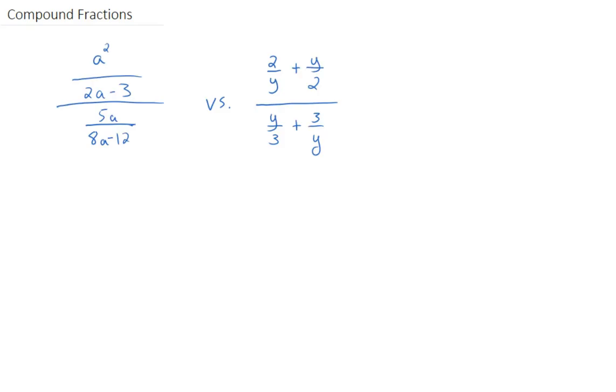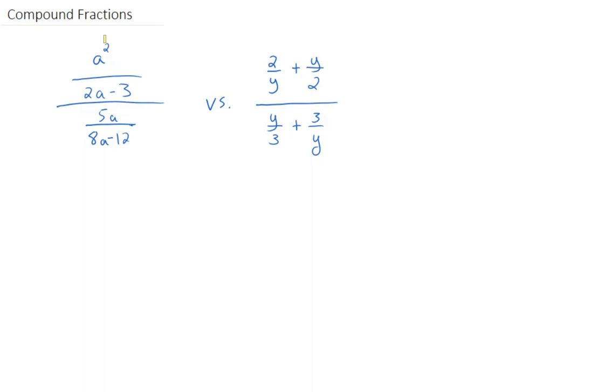Now, before we dive into actually simplifying compound fractions, I want to contrast a couple different configurations that we will see when working with compound fractions. Okay, here I've written out a couple of these monsters, and the way we need to approach these two compound fractions is very different, and so it's important that you can look at them and see the essential difference here that calls for different methods.